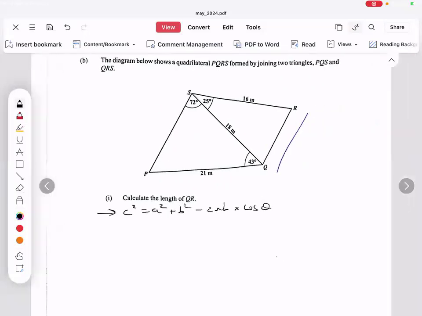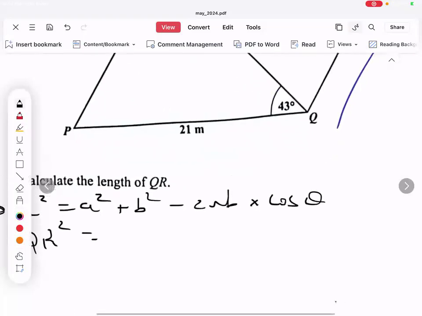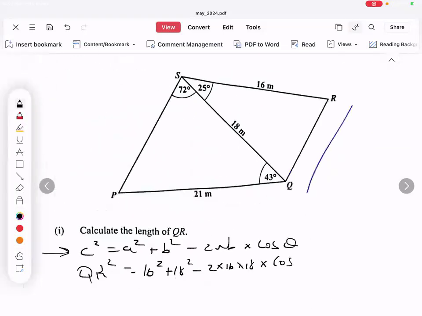So in this case, your unknown side is QR. So QR squared is equal to 16 squared and 18 squared minus 2 times 16 times 18 times the cosine of the angle between 16 and 18, which is 25.